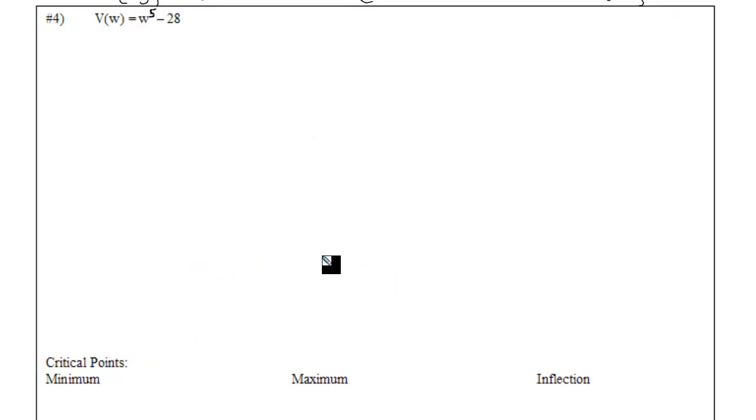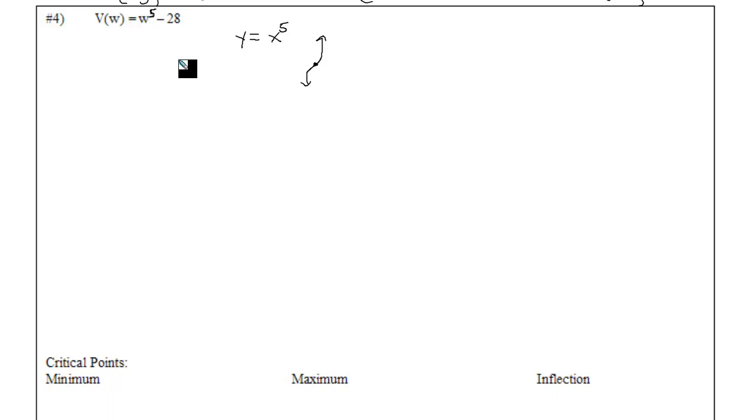Number 4. Well, technically you could do no work for this and I would give you full credit. This resembles the parent graph y equals x to the 5th, which is a real skinny version of y equals x cubed.